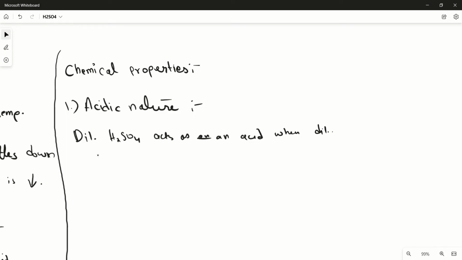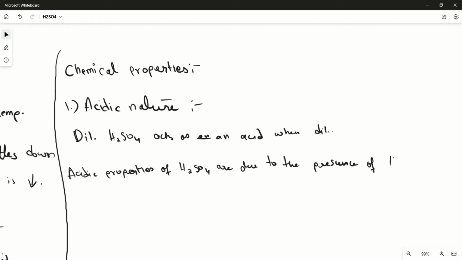Acidic properties of sulfuric acid are due to the presence of hydronium ions formed when H2SO4 dissociates in aqueous solutions. Hydronium ions, that's it.